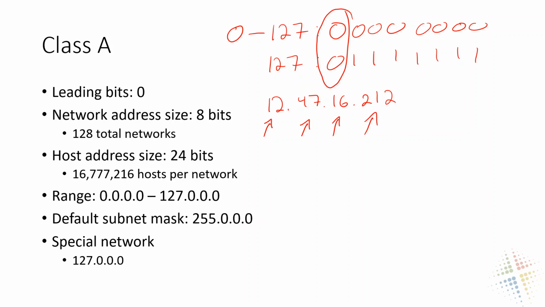So by having a network address size of 8 bits, we are saying this first chunk right here defines what our addresses are. And in total, I have 128 networks.